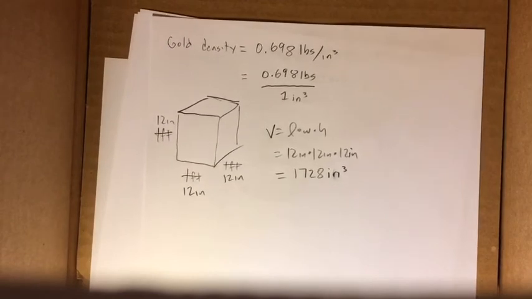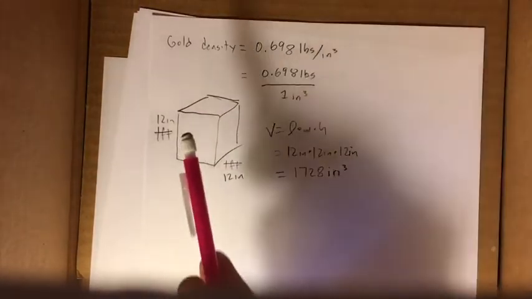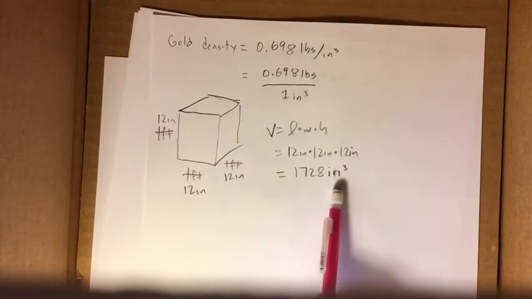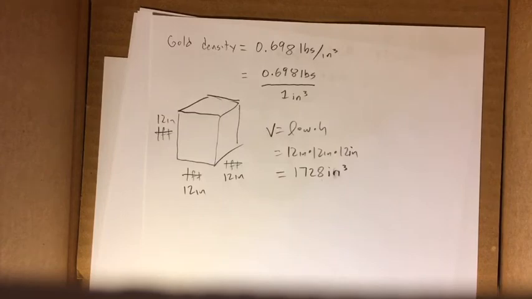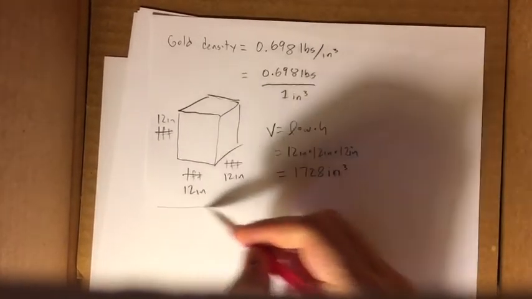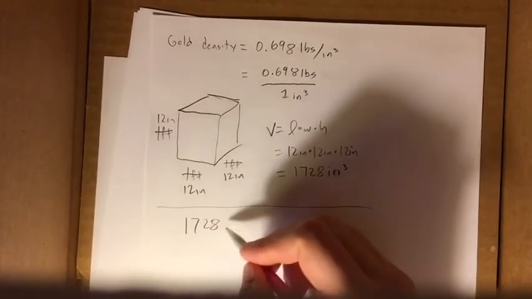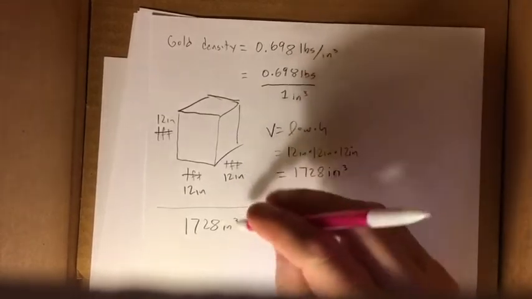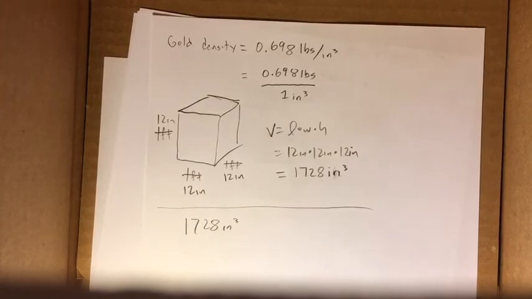Okay, so now we are ready to do this problem because we know that a cubic foot has 1,728 cubic inches in it, and we know each cubic inch is 0.698 pounds. So what we do is we're going to take what we have originally, and we're going to multiply it by this ratio. Now the key is, again, we want our answer in pounds.